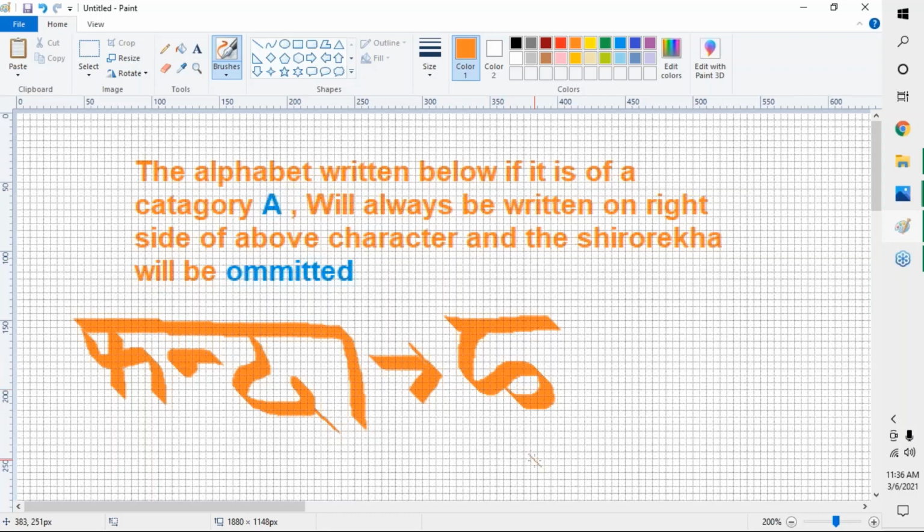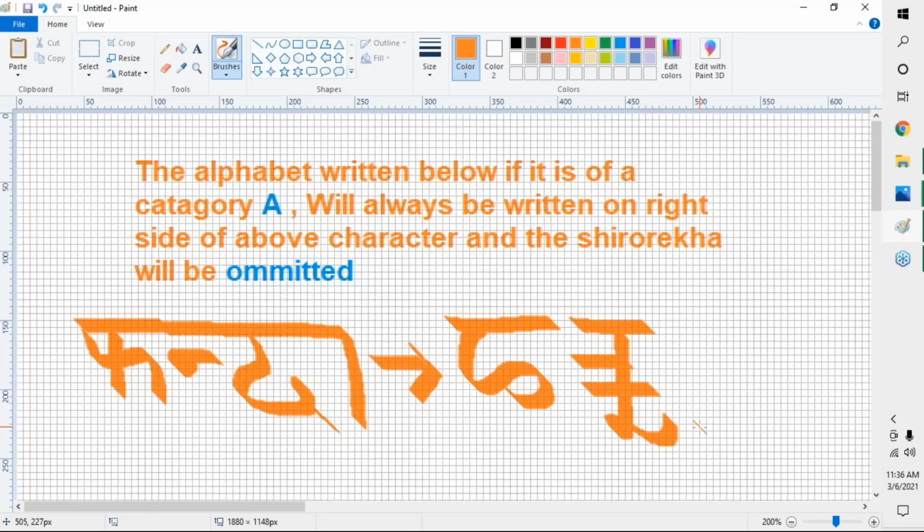So this was Fa. Na is half, so Na will be written full, because it is after the half letter. As I have told, the letter which is after the half letter will be written below. And then the Shirorekha will be omitted. We do not have to make this Shirorekha.